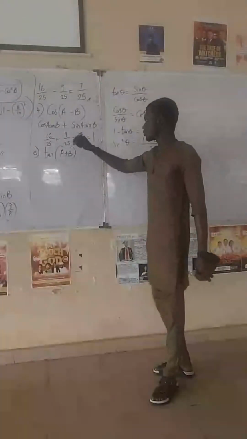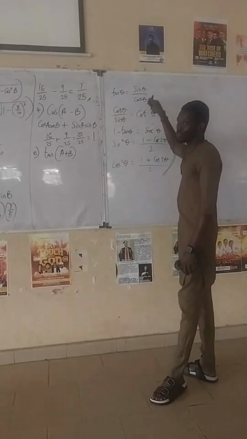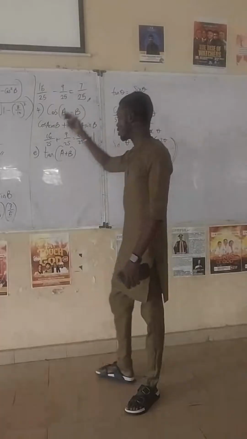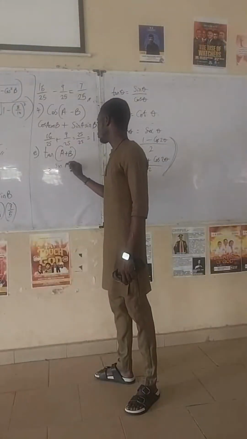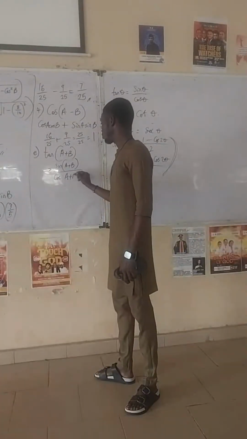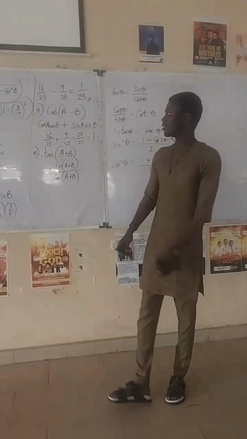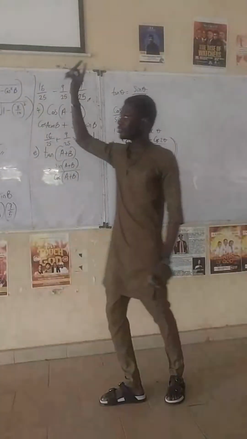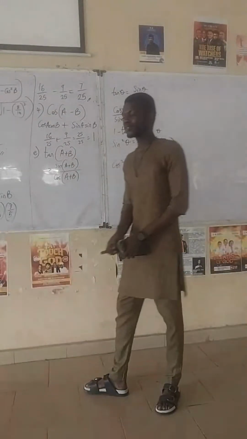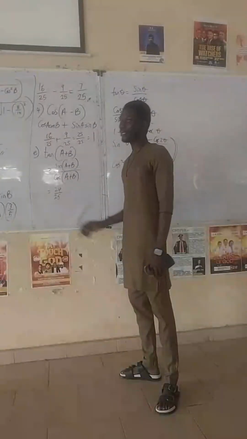Okay, so back to the question. Tan A plus B. Tan theta is sin theta over cos theta. So that was sin A plus B over cos A plus B. Now sin A plus B from the question, the first one, is 24 over 25, right?